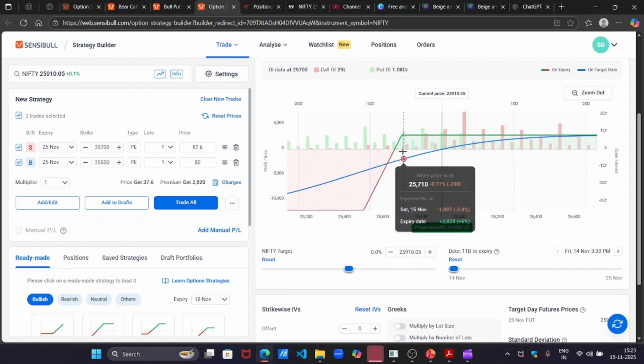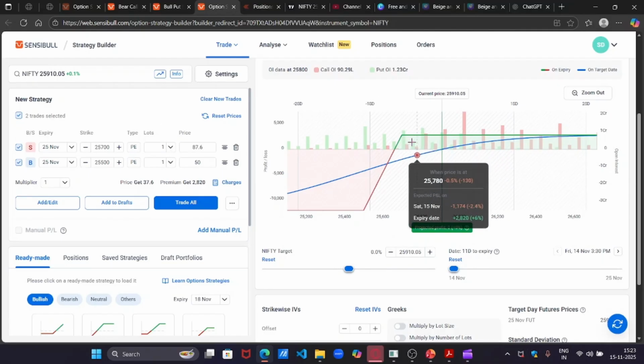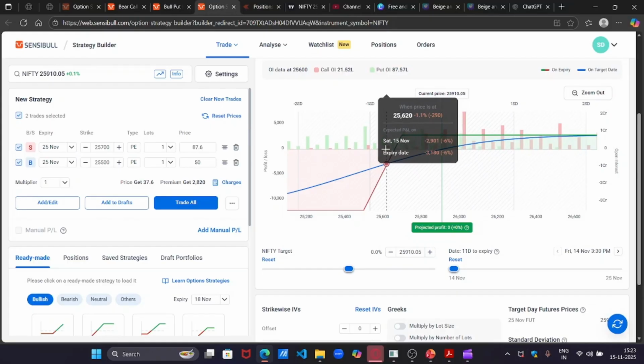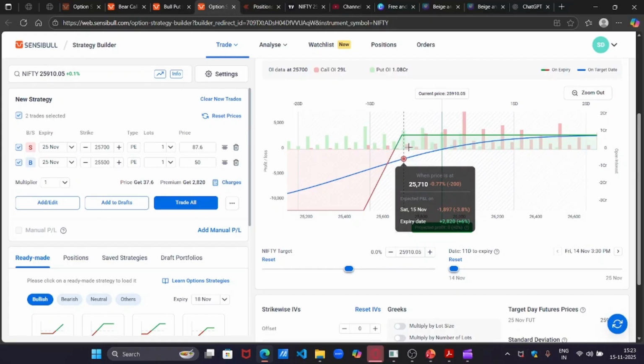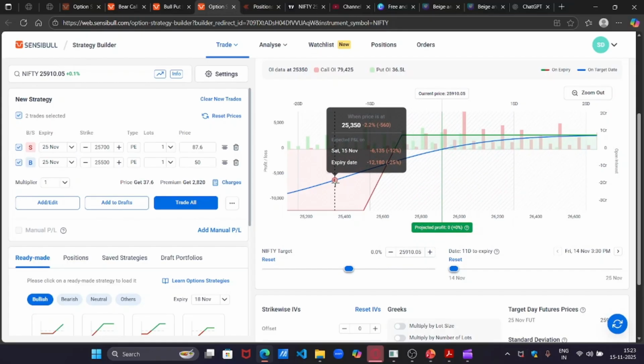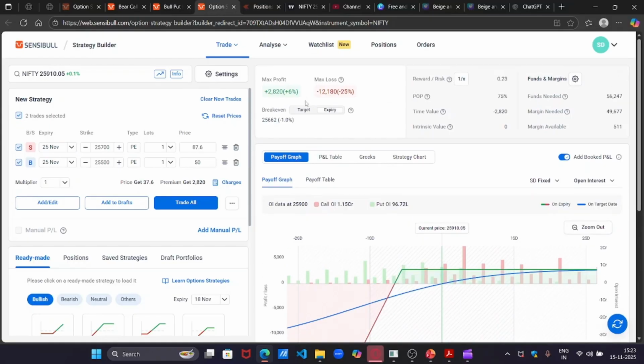So if 25,700, I'm in profit, right? So I have to sell out of the money to make profit. And if it goes below 25,700, then only I will have loss, and the loss is also fixed, which is 25%, and profit is 2,820, 6%. Probability of profit is very high, 75%, which is a very good probability of profit.